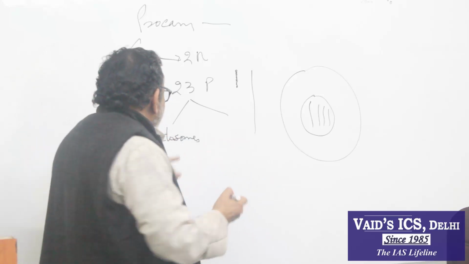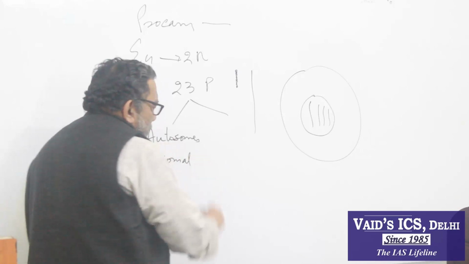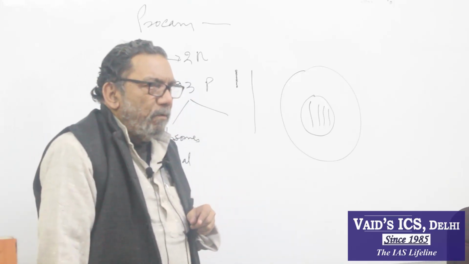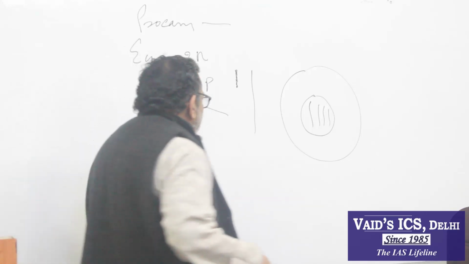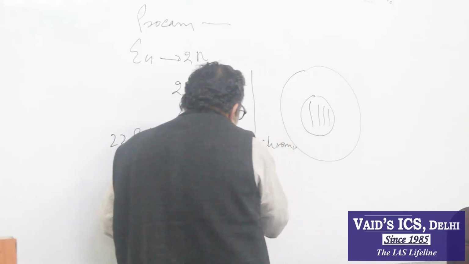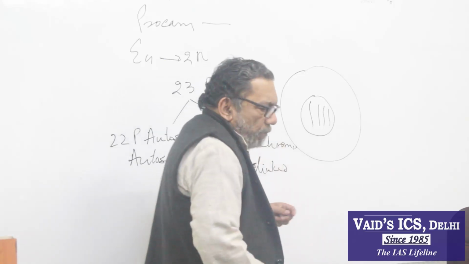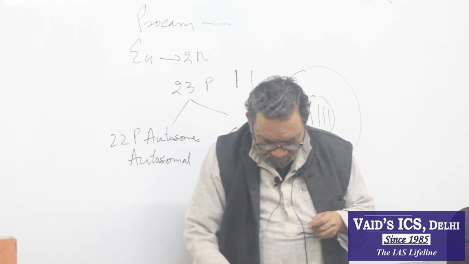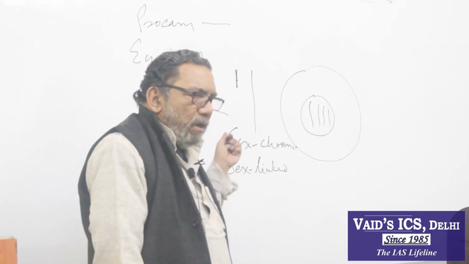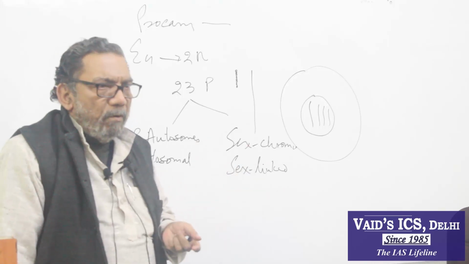The genes present on the 22 pairs are called autosomal, and the genes present on the sex chromosomes are called sex linked. Autosomal, on any of those 22 pairs of autosomes; sex linked, on either of the two.